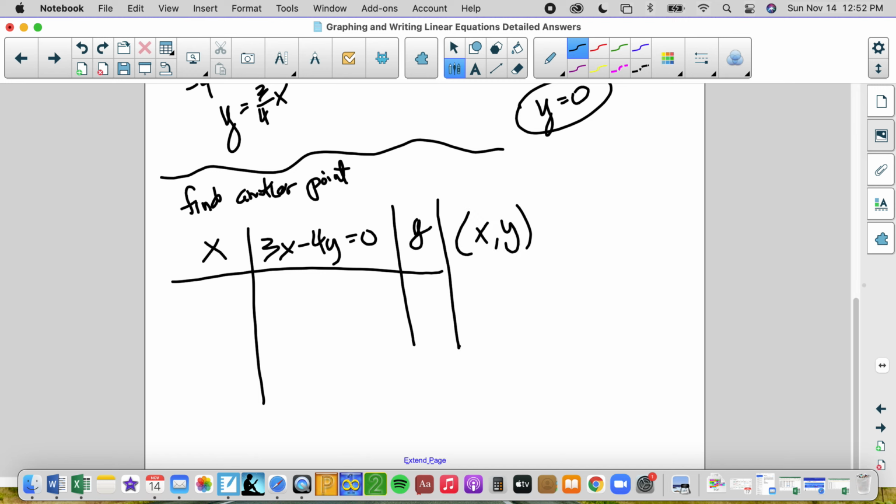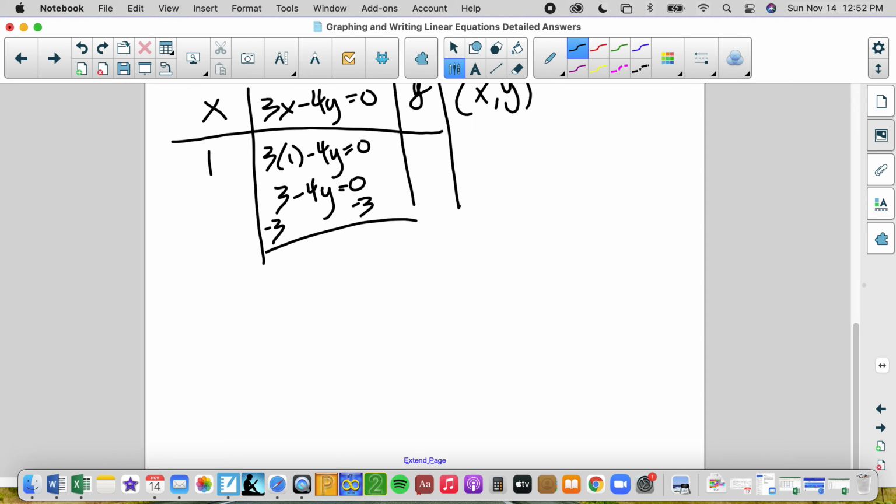I don't know, you pick 1. So you're going to plug in 1 for x. You get 3 minus 4y equals 0. You're going to subtract 3. You get negative 4y equals negative 3. You're going to divide by negative 4. You get y equals 3/4. So your coordinate's going to be 1, 3/4.